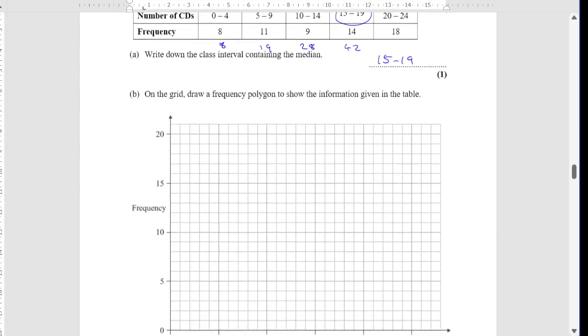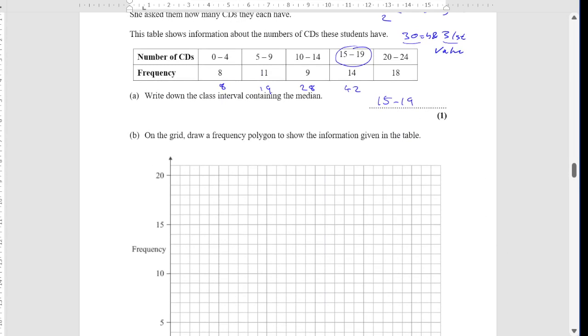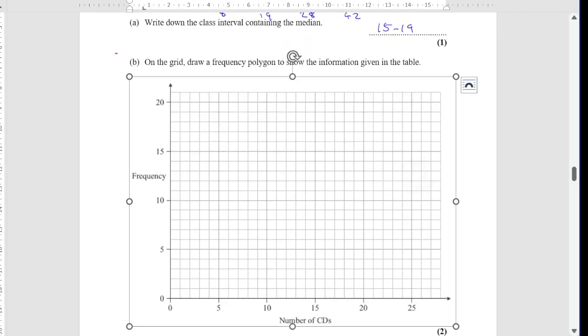Okay, for the second part, on the grid, draw a frequency polygon to show this information. So for a frequency polygon, I plot the midpoints. So I'm going to change pen color just for this. So midpoints are 2, 7, 12, 17, and so 8. That's going to be there.